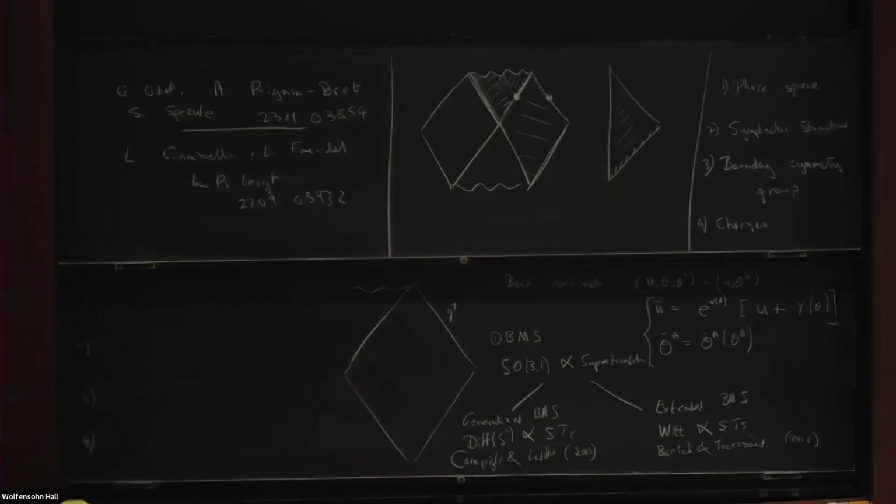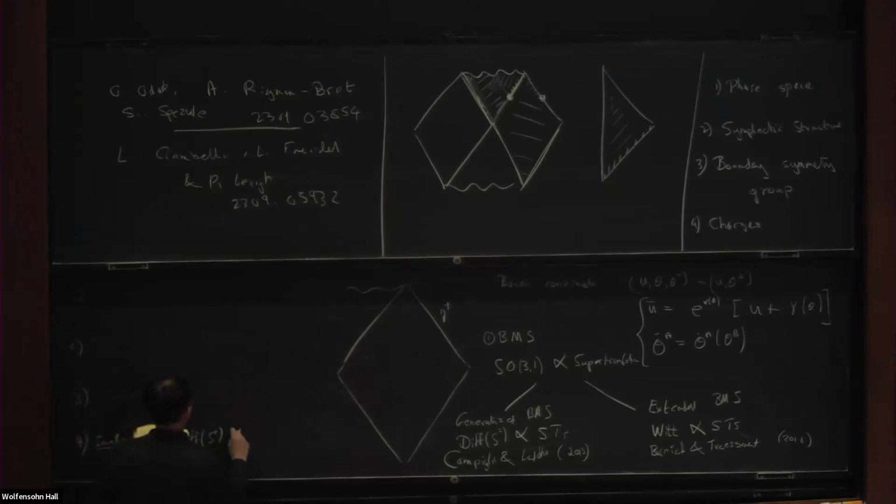So the smallest group, I'm going to write it as diff S2 semi-direct product with super translations. This group is a group that my collaborators and I derived a few years ago.